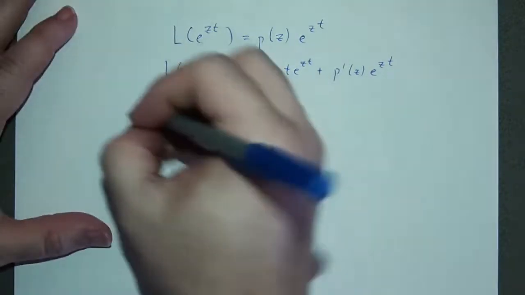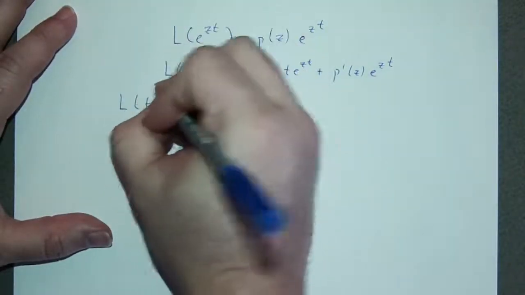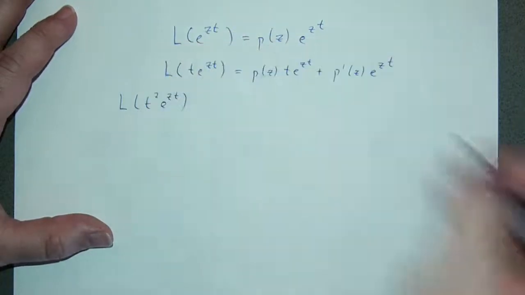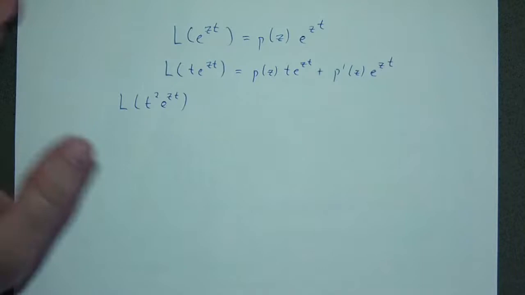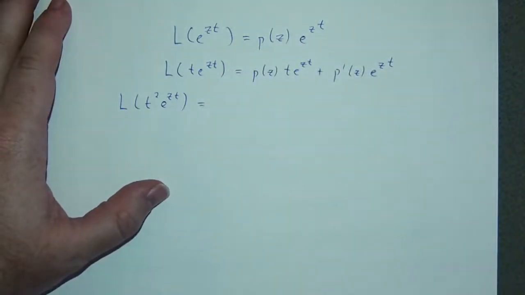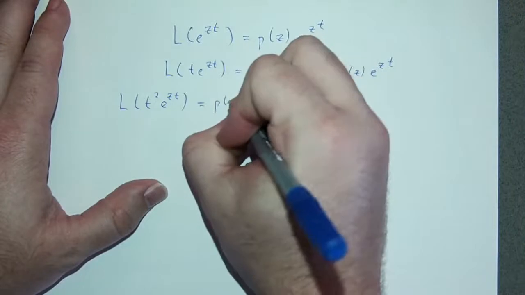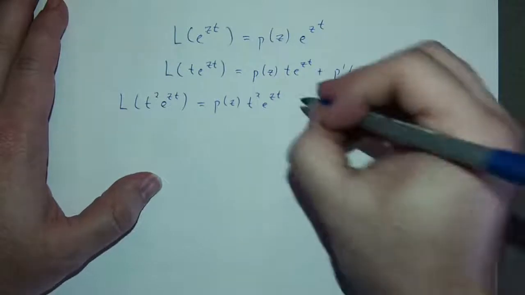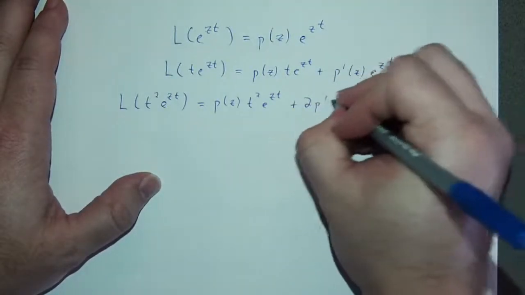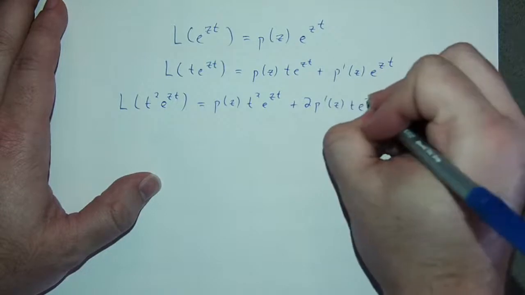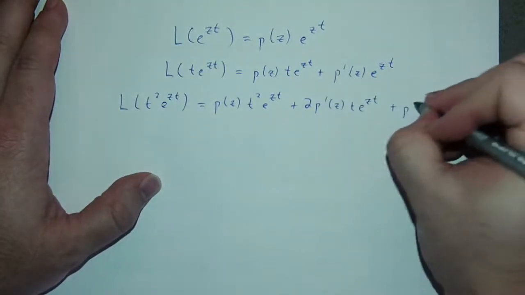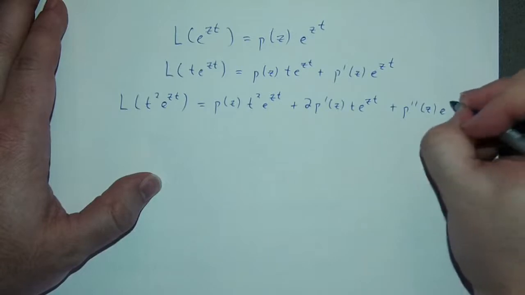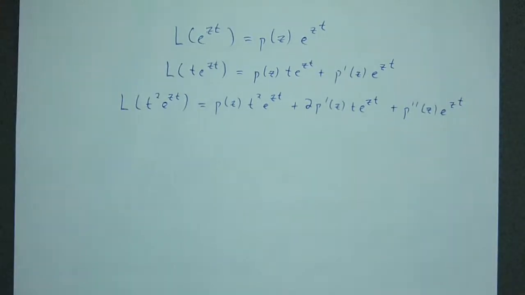If I did this again, this would be L of t squared e to the zt. So now I'm taking a second derivative, which would be, I'm just going to go ahead and write it out. This would actually be p of z times t squared e to the zt plus 2 p prime of z t e to the zt plus p double prime of z e to the zt. I'm going to write out another one and then see if you can guess what comes next.